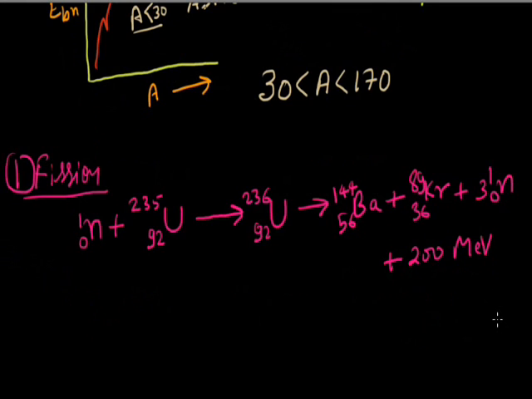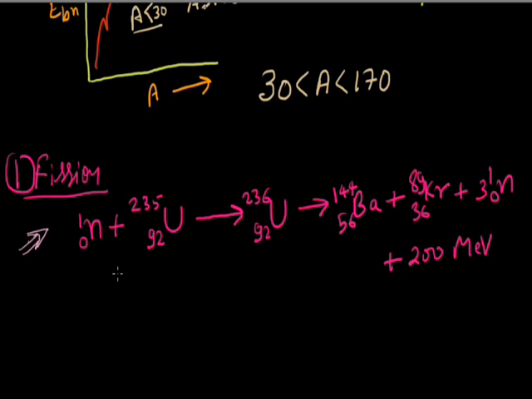So the nucleus with greater atomic mass is breaking itself into two nuclei with a smaller atomic mass, and in the process we are gaining in binding energy.